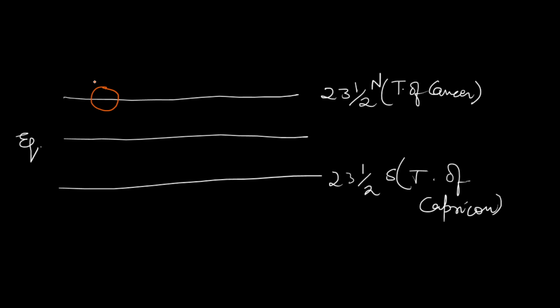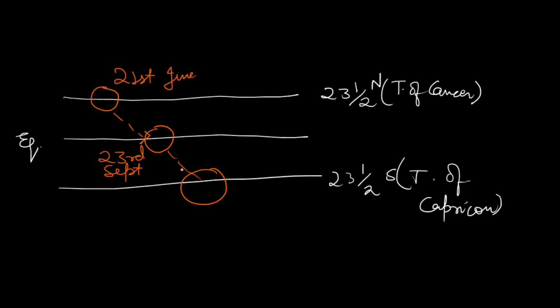The sun will be here, on Tropic of Cancer, directly on Tropic of Cancer, that is 21st June, and it will start moving, and on 23rd September it will reach on the equator, forming the autumn equinox. Then it will move further down, and it will reach here on 22nd December.